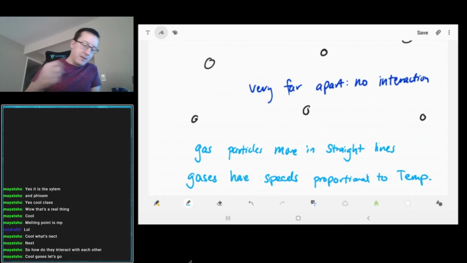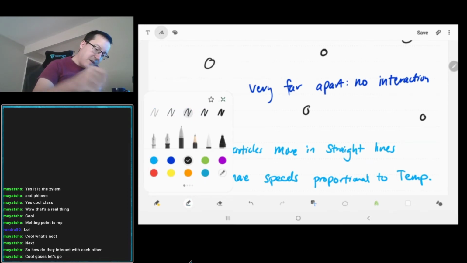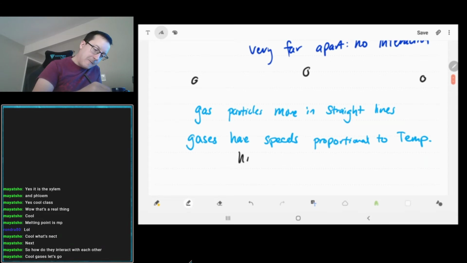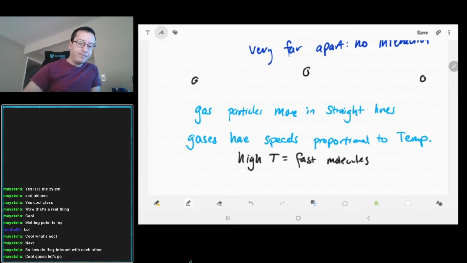So a higher temperature means faster molecules. And that makes sense, right? The more energy they have, the faster they're going to be moving.